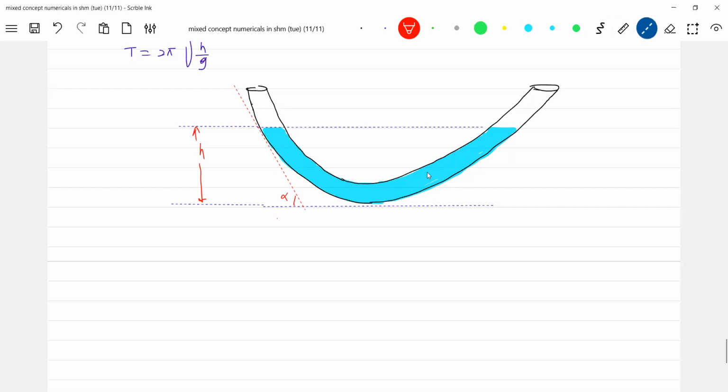Similarly, draw a tangent to the tube so that it touches only at the free surface.